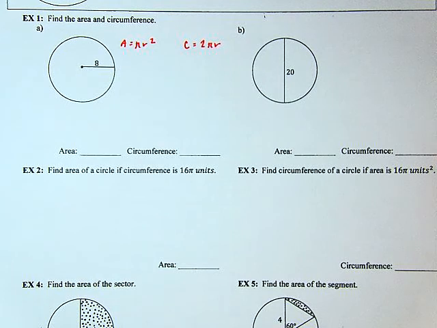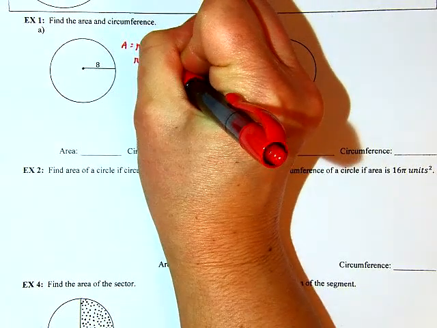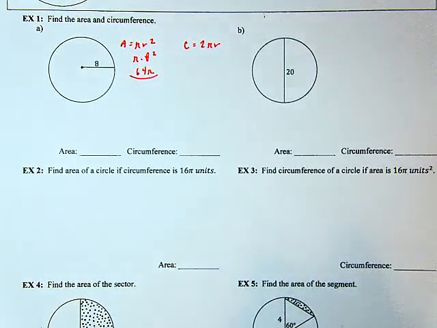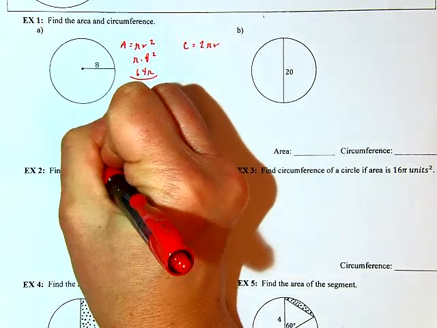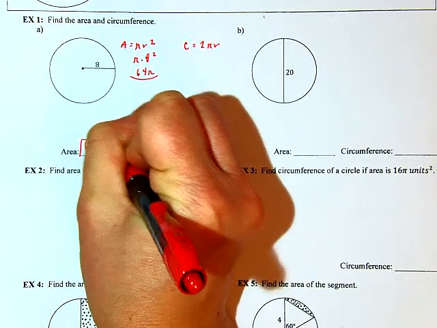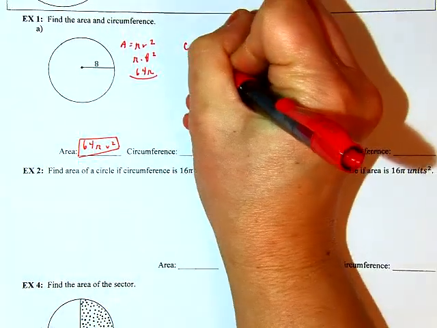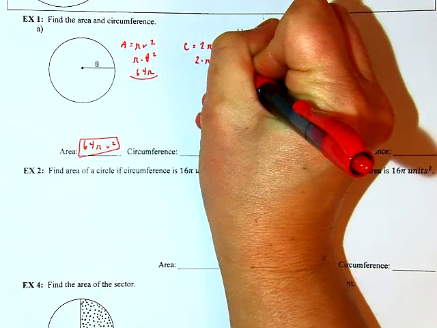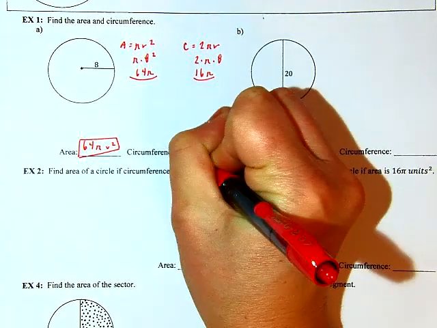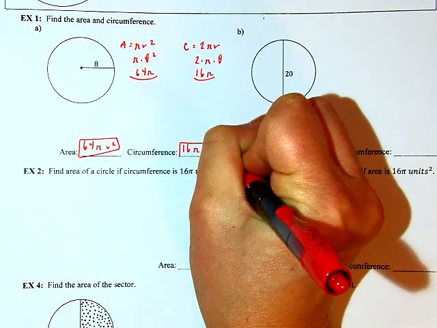So if I plug in a radius of 8, I have pi times 8 squared, so 64 pi for my area, but units squared. And then for circumference, I have 2 times pi times 8, so 16 pi, and then just units for circumference.